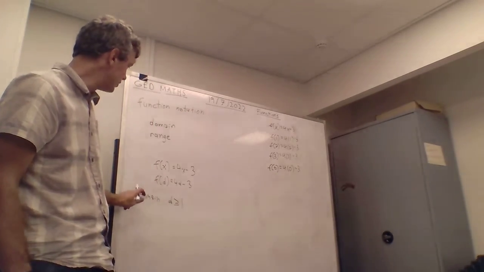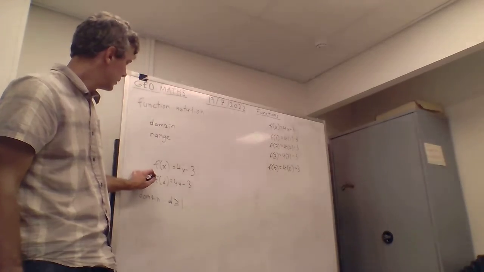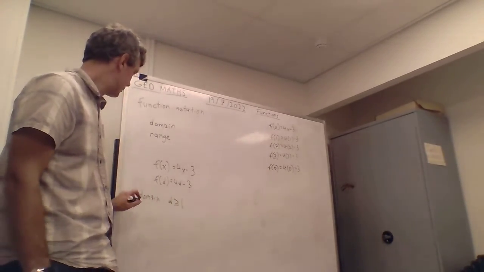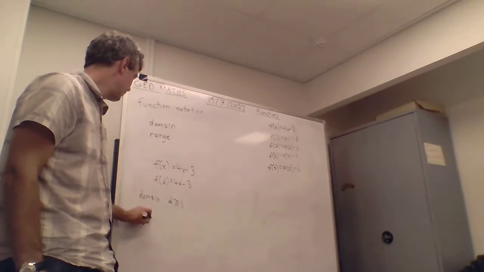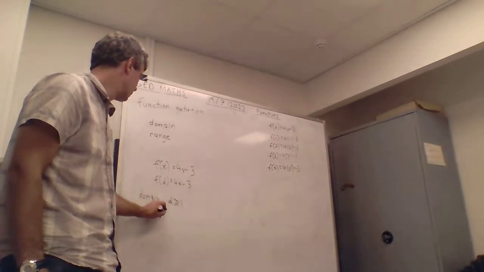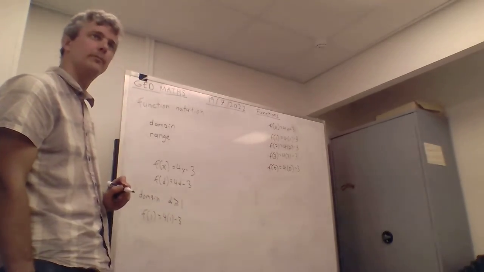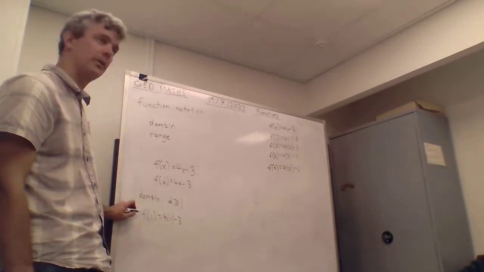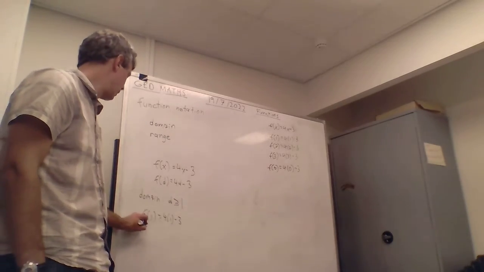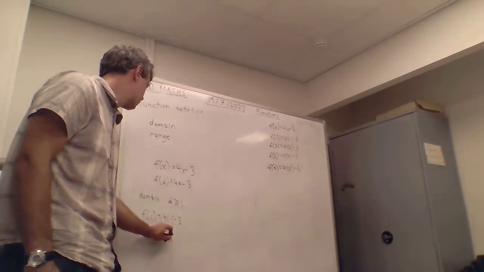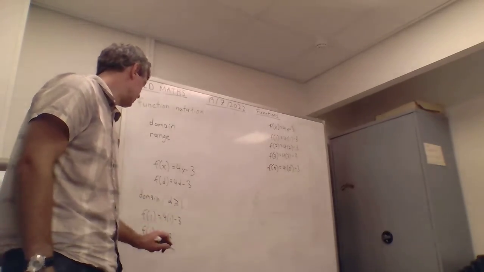Now the range is basically what is f of the domain. Alright? So f of 1 equals 4 times 1 minus 3. You agree with me on this? So f of 1 equals 4 minus 3 equals 1.